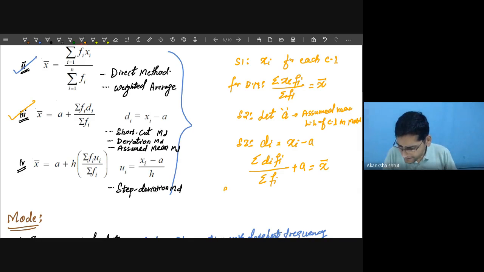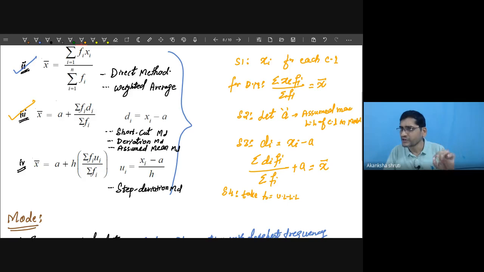But the new step that comes into the picture, step number 4, is that you have to calculate the class length, that is h. So take h. h is nothing but the upper limit minus the lower limit.